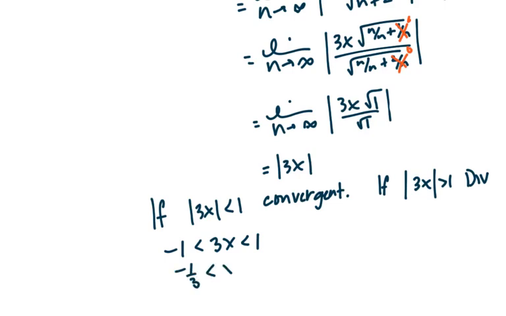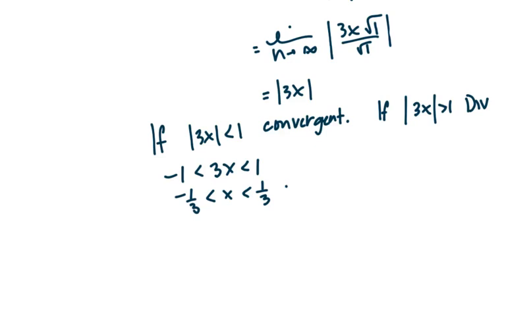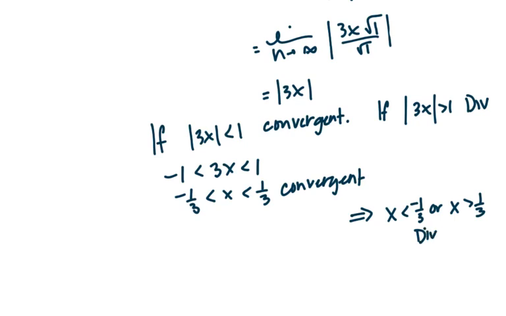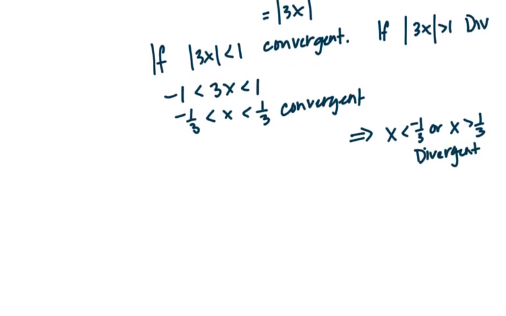So negative 1/3 is less than x, which is less than 1/3. So we know it's convergent in this space. That means it's divergent when x is less than negative 1/3 or x is greater than positive 1/3. So now we need to look at the endpoints. The endpoints are x equals negative 1/3 and x equals positive 1/3.